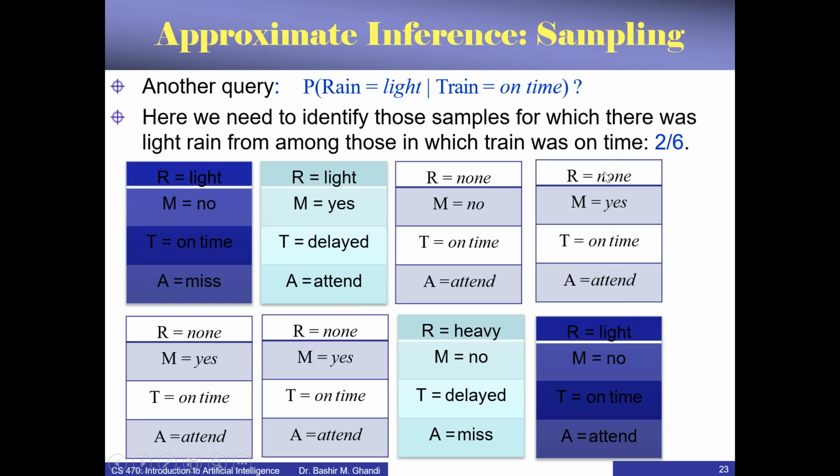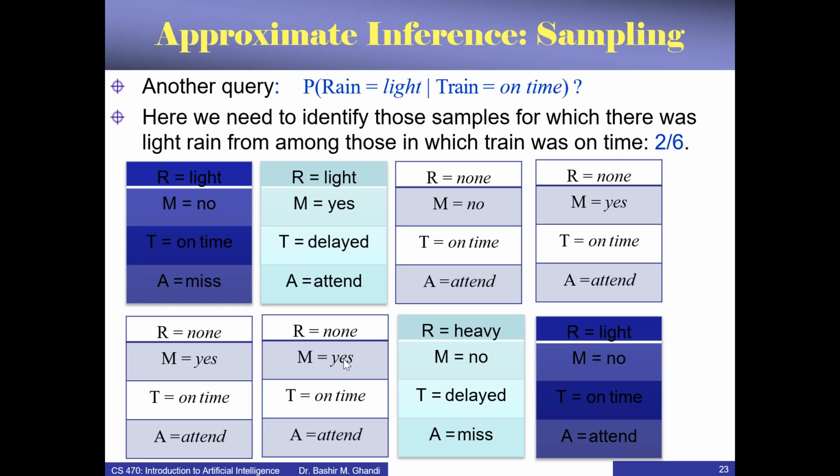The others were none, heavy, none. These are the 2 cases where our condition is met, and therefore we can say this probability is 2/6. So this is the idea. You can see that with random sampling, once you are able to generate your sample, the answer really is very easy. Just counting those samples that meet your condition.